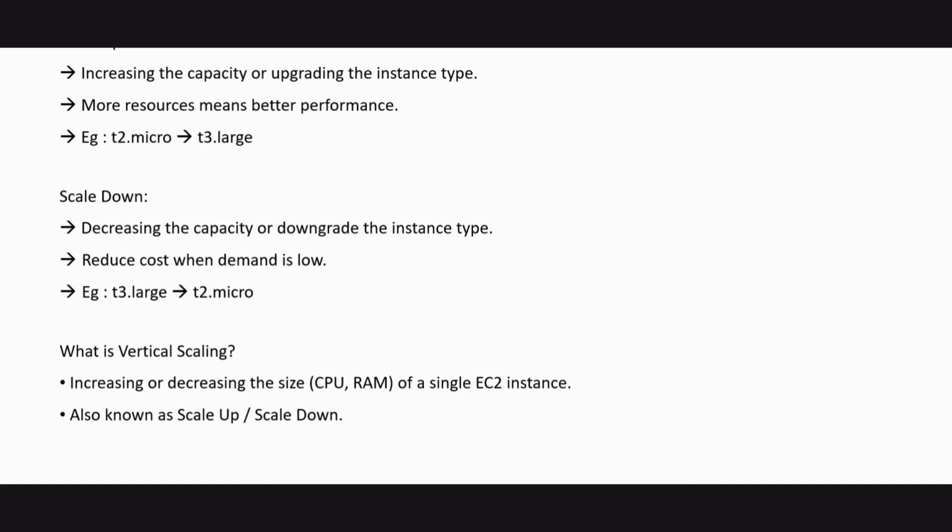Scaling down is decreasing or downgrading the instance type. Vertical scaling combines both increasing and decreasing. If I want to increase or decrease according to my requirement, both can be done according to the use case. This process is nothing but vertical scaling. It is also known as scale up or scale down. This is all about vertical scaling.